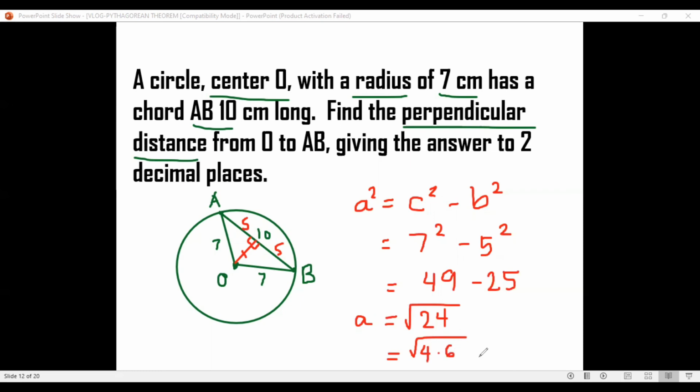Since 4 is a perfect square, you can have that as 2 times the square root of 6. But if you want it in decimal form, the square root of 24 is 4.89.